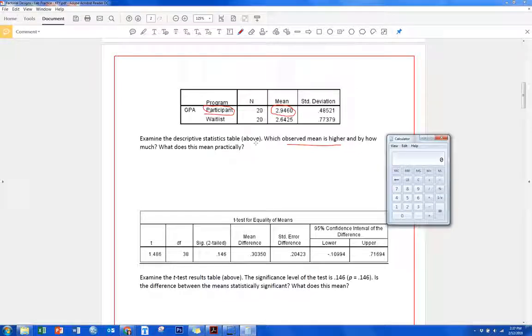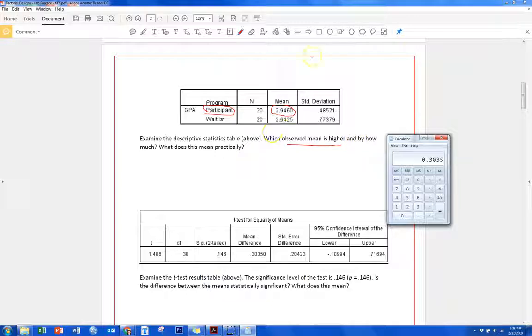Well, let's just do the math here. 2.946 minus 2.6425 is 0.3035. Standard deviation ranges from 0.48 to 0.77, so roughly half a standard deviation. So it appears to be of some practical significance.